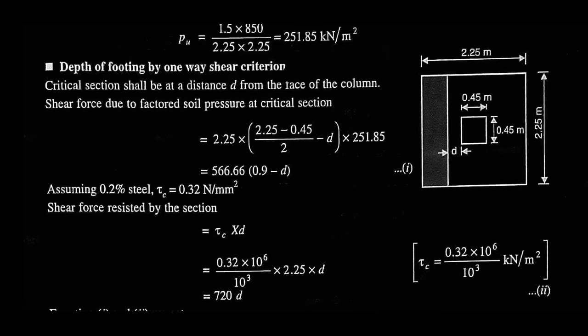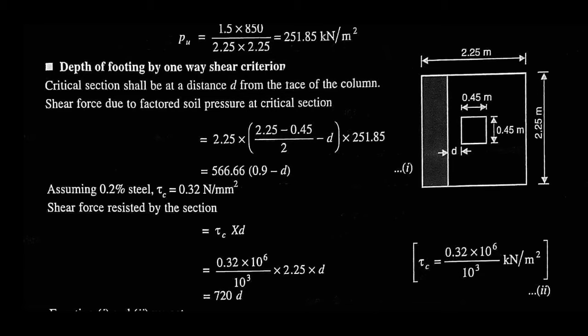In this case we don't have to consider that because we are designing a square footing. So tau c into x into d is equal to 0.32 into 10 to the power 6 by 10 cube into 2.25 into d, that is equal to 720 d.